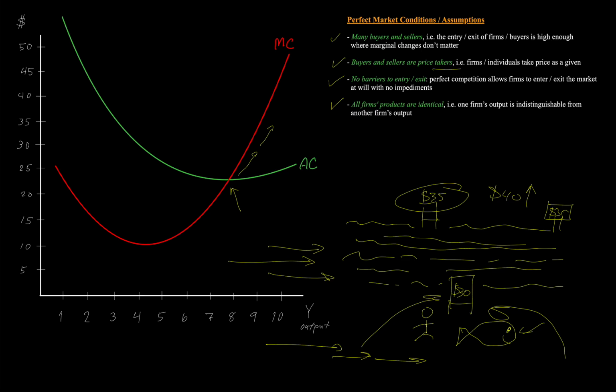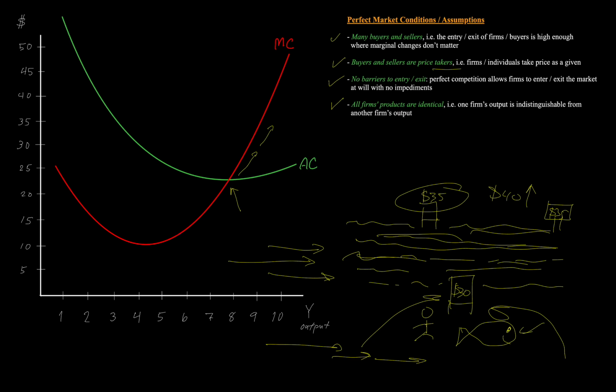So if there are 100 vendors on Pike Place Street in Seattle selling the same fish for 35 bucks a pound, I'm pretty much stuck with that. If I go lower, I'm going to incur more costs and have to shut down. If I charge more, I'm not going to make any sales.